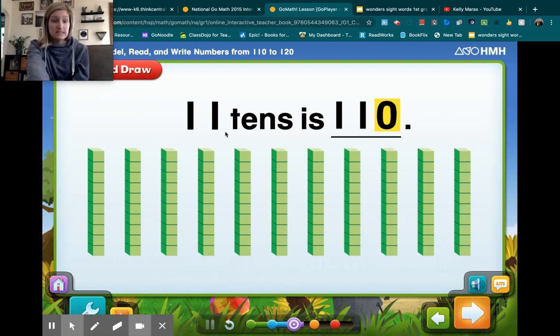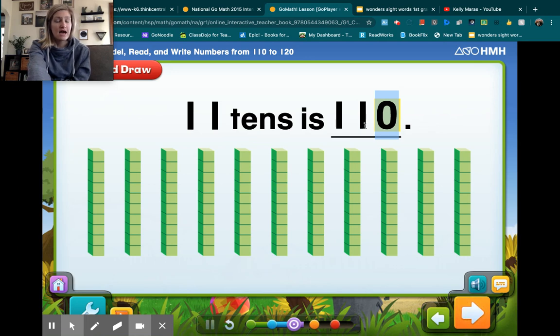We can use the same trick for 3-digit numbers, okay? This 3-digit number is a 1, and a 1, and a 0, but we're not going to look at them as individual numbers. The first 2 are how many tens we have, which is 11 groups of 10, and the last digit is how many ones, which is 0 ones.